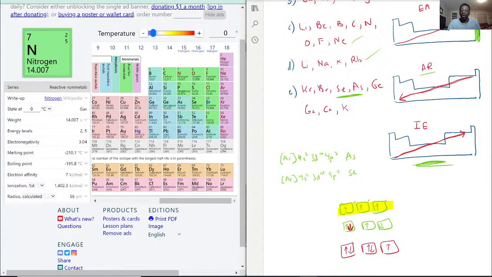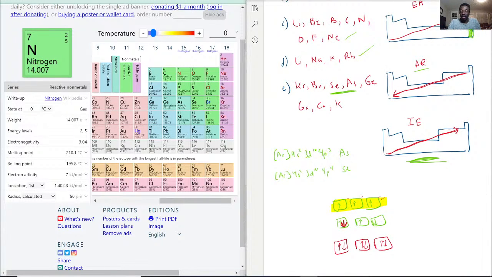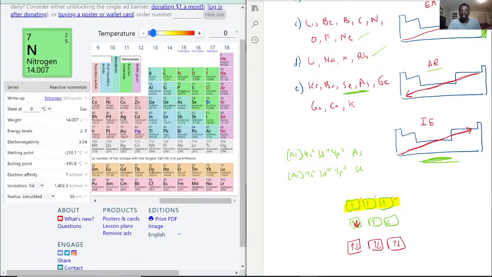Although arsenic is technically more stable than the partly filled shells, it still can't beat an element that's this close to filling its shell. And exactly, krypton is now completely filled, so it's like, I have no business giving this up, I am a perfect octet and everything. I'm perfectly satisfied, which is why krypton is going to be the highest.